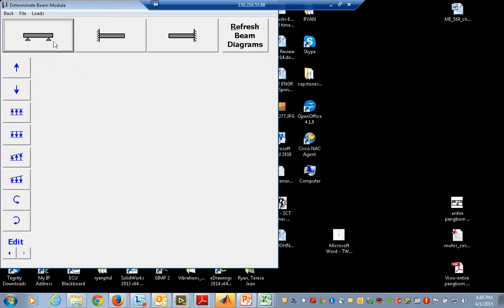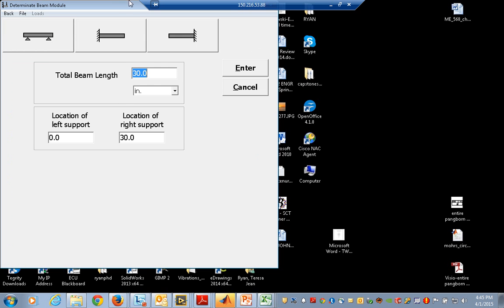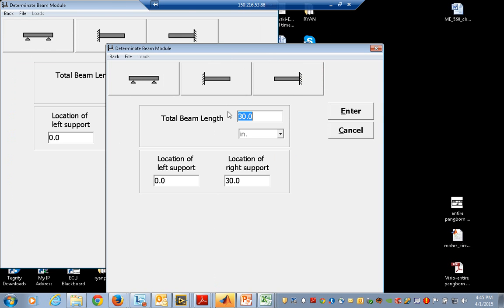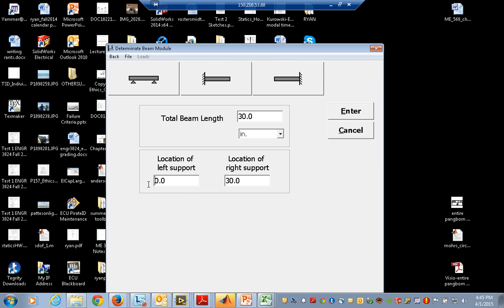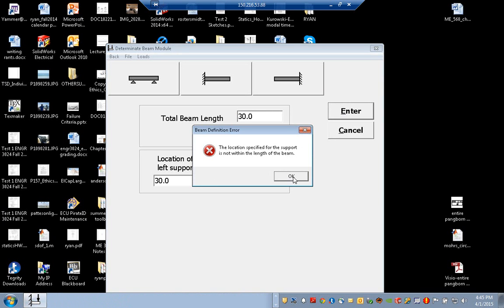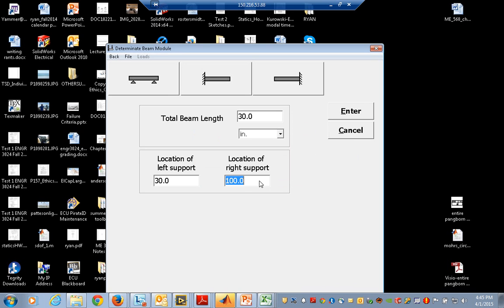So let's make a beam. We'll make it a 30-inch beam, and we'll put the left support at 10 inches. Let's do this at 10 and 28.